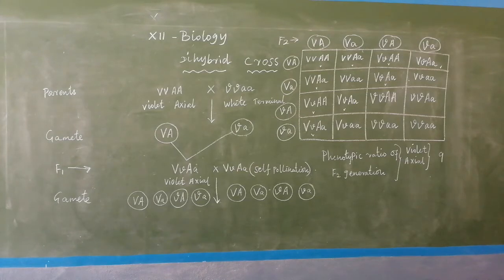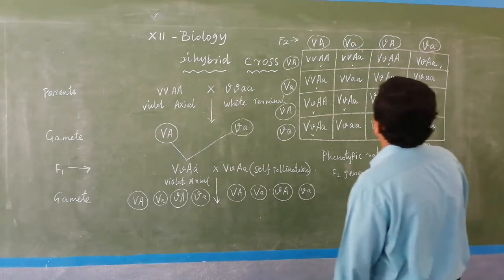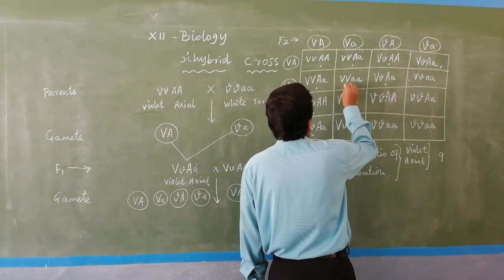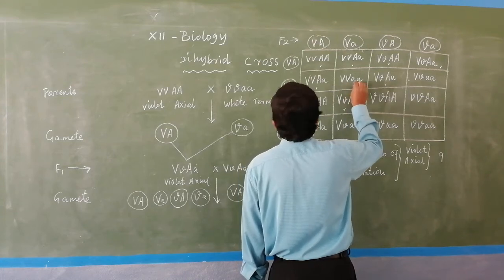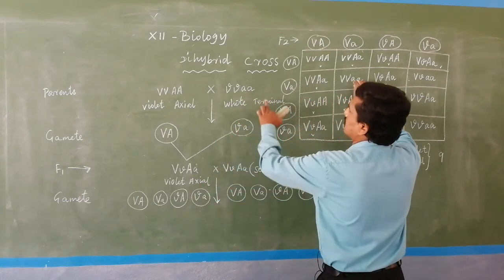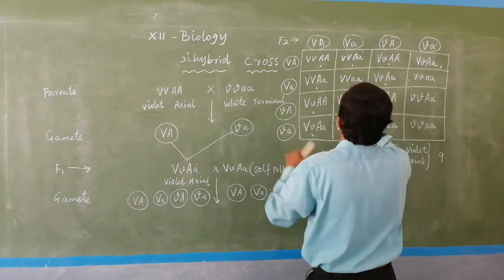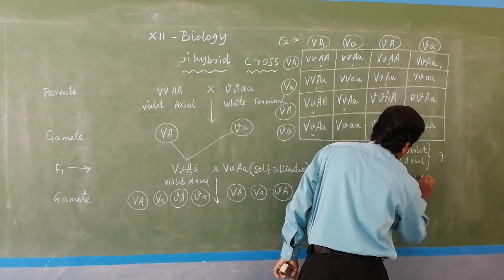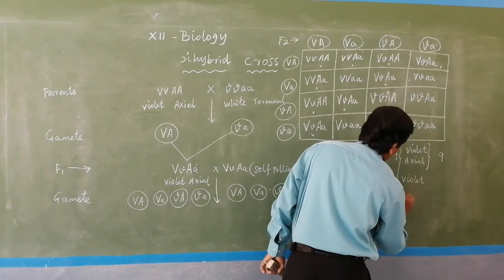Okay. Then this one, violet, small a, what? Violet terminal. So violet terminal. Next phenotypic character is violet terminal.